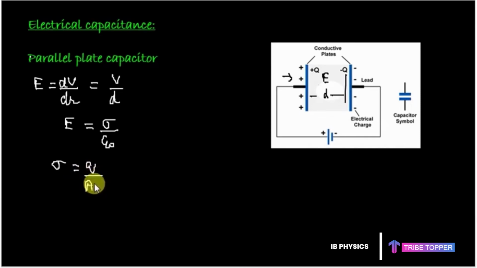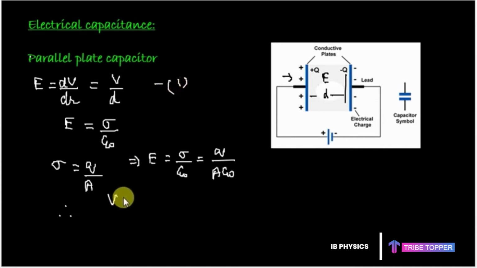So E is equal to sigma over epsilon naught, and I replace sigma with Q upon A, giving E equal to Q upon A epsilon naught. Now from equation 1, V is equal to E into d. Putting in this value of E, V becomes Q d over epsilon naught A. That's the value of V we have found.